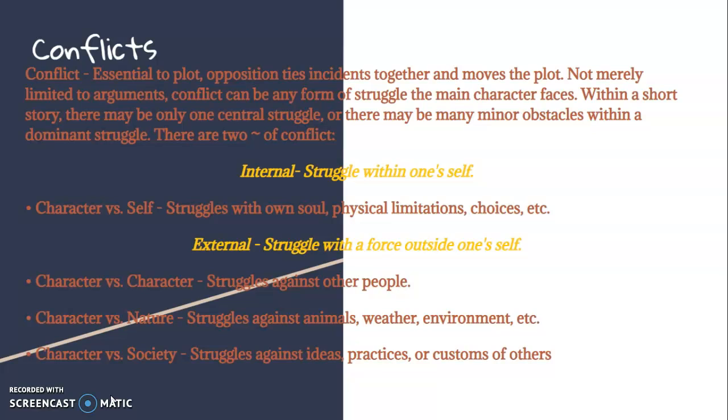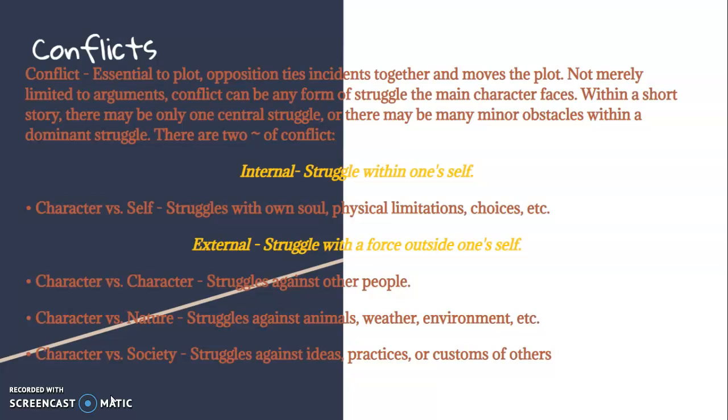When we're talking about internal, we're talking about when a character struggles with himself, herself, okay? It's something that's happening within its soul or its emotions or its physical limitations or its choices. This is happening from within the character.